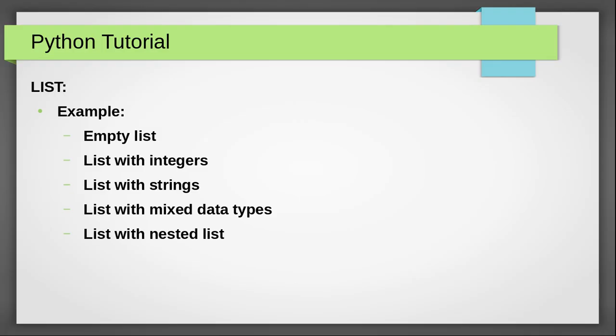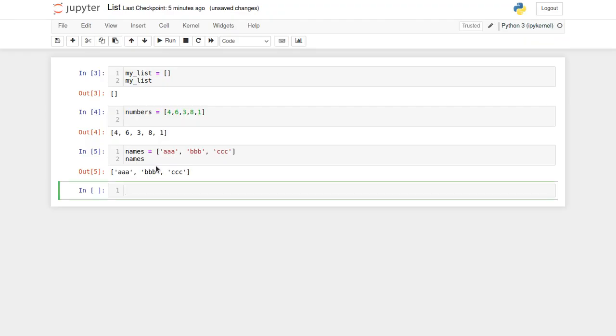The next example, list with mixed data types. Here let's create a list student info. The list contains first the roll number, second the name of the student, and third the average mark for that student, 80.5.